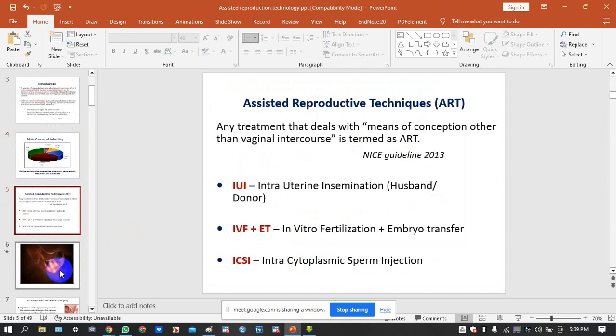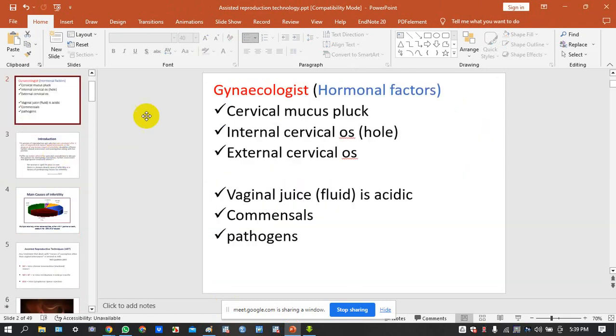Yes, please. Okay, so I've finished talking about intrauterine insemination. So you have to help the sperm so that you can carry it to the egg, so that it will bypass the cervical mucus plug, and also bypass the vaginal acidity.